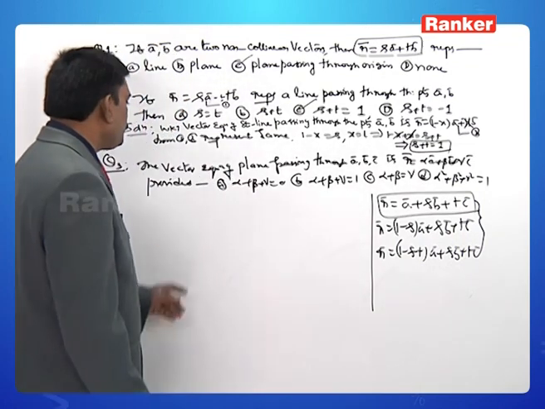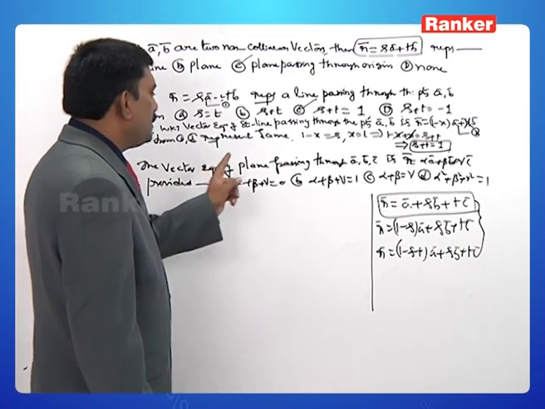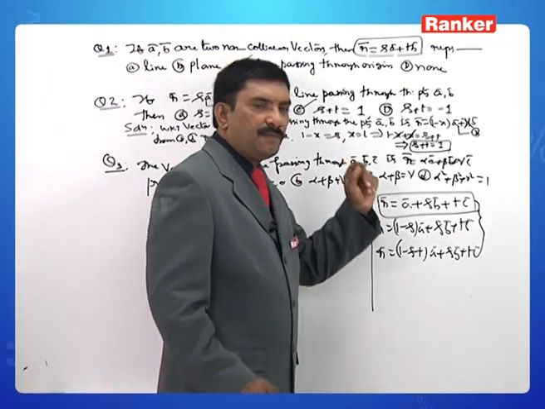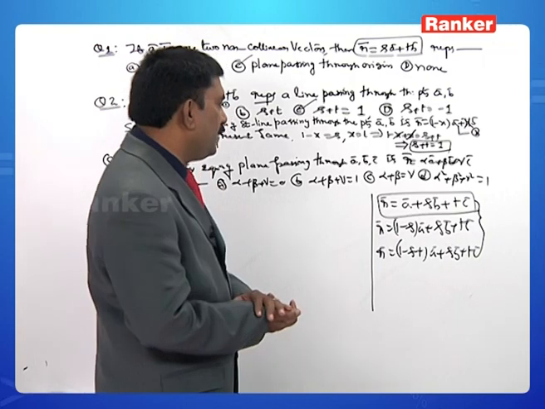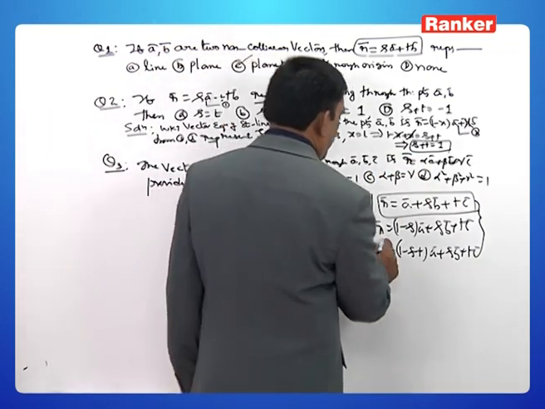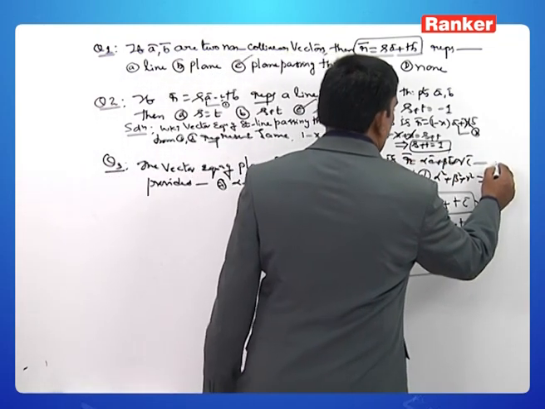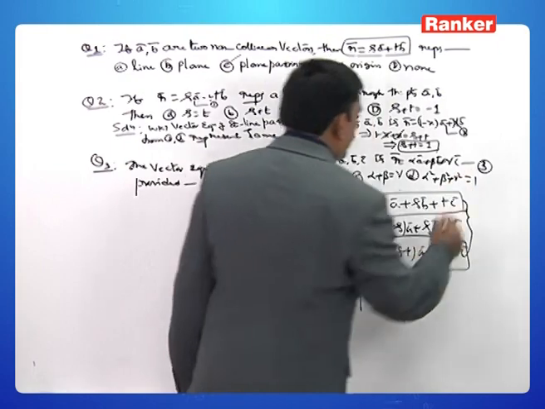Then coming to question number 3. The vector equation of a plane passing through the points A bar, B bar, C bar. He has given this. But the vector equation of a plane is this only, correct? You call it as 3.